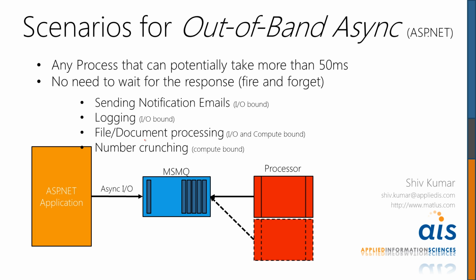I've seen many people using some functionality whereby they are either spawning a thread or doing some long-running operation, and that operation doesn't actually need to be done in your ASP.NET application, but people are doing it. Some of these are things like sending notification emails, logging. Logging actually is a big one.